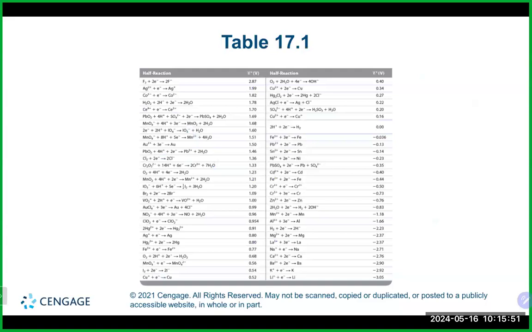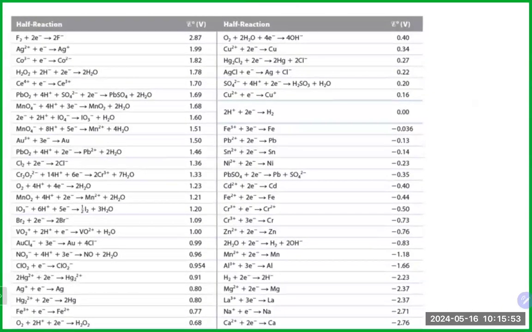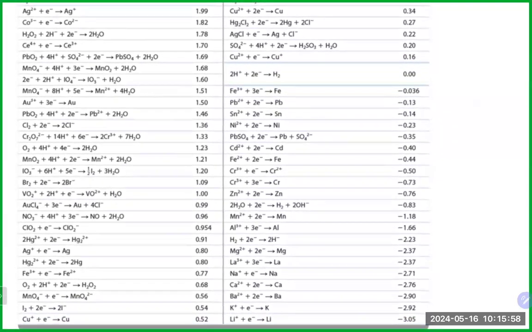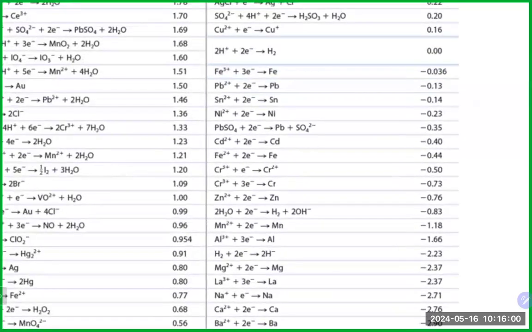So here's a table similar to the one you have in your book. I think yours is a little bit longer. We'll take a look at yours again. But if you look at all these reactions here, you can see that they are all basically reduction reactions. So what I'm talking about when we talk about whether you should change the sign, add or subtract, is this.